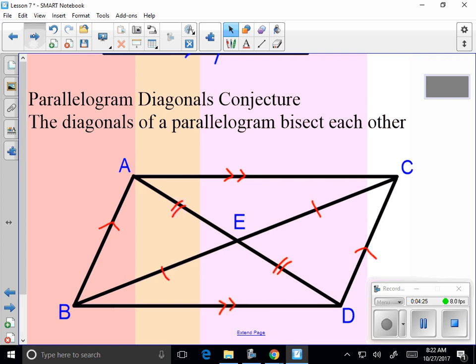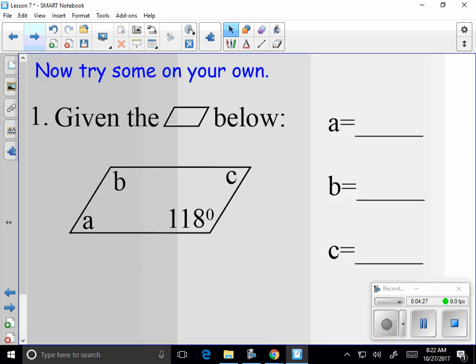Cool. All right, given this below, find A, B, and C. Somebody holler out an answer. Give me a letter and then a number. B is 118. Okay, I like it. Somebody else. Say again. What's 62?